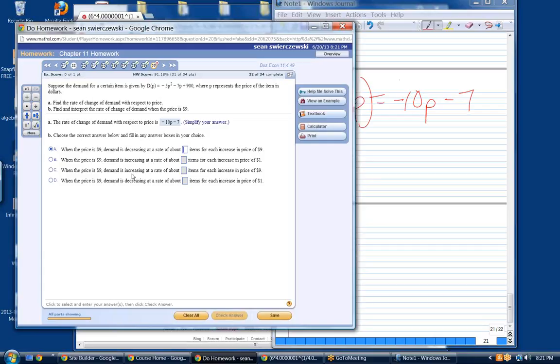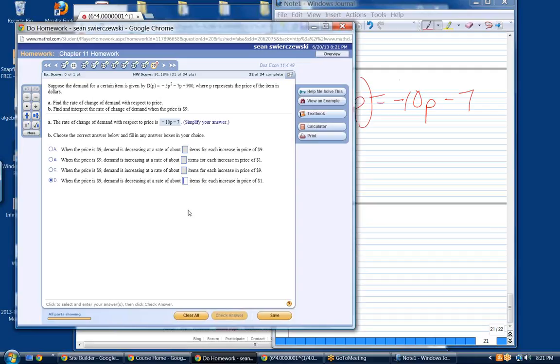Okay, so is demand increasing or decreasing? Well, let's see. Demand was negative. So it's got to be D. And wouldn't it be negative 17?